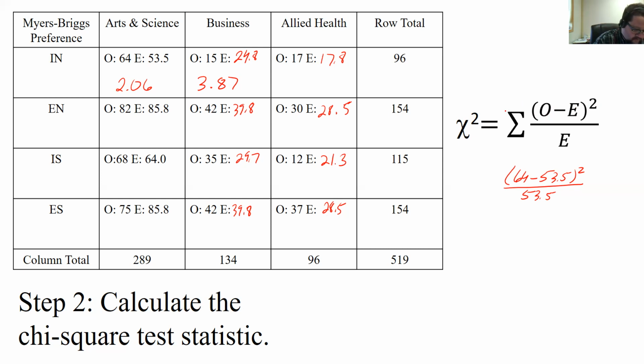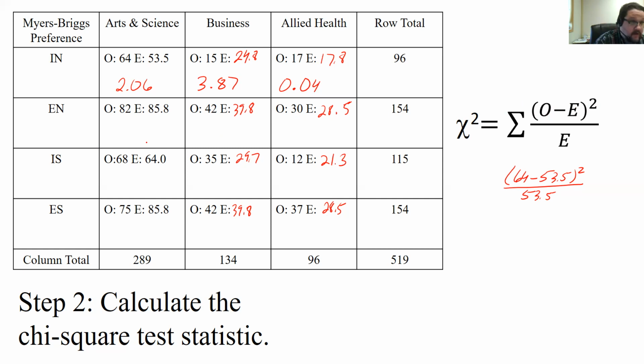So 17, don't forget the parenthesis, 17 minus 17.8 squared, divide by 17.8. And make sure you're dividing by the expected value, not the observed. That's going to give you a different number. Okay, so that's about 0.04.